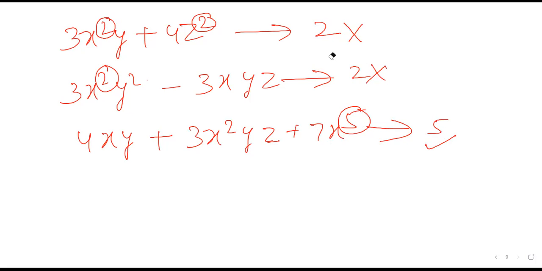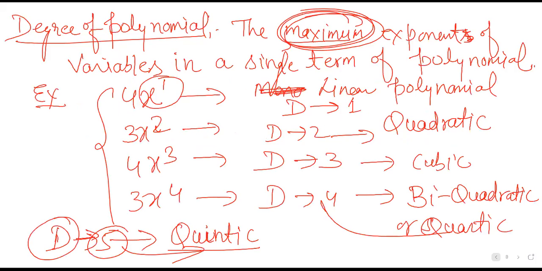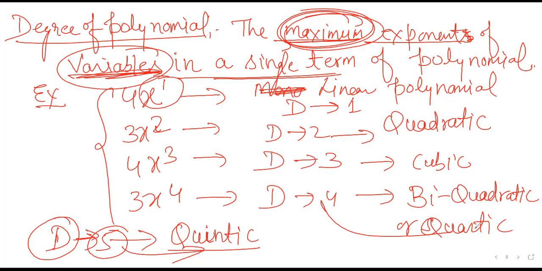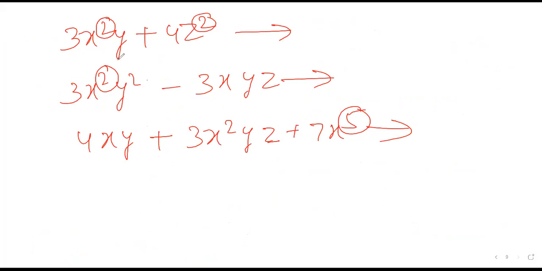Look at the definition: the maximum exponent of variables. If more than one variable is there in a single term of the polynomial, then in every term we have to find the powers of the variables and add them, then we will find the degree.